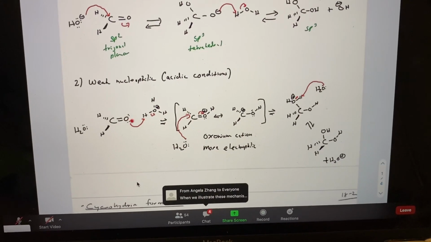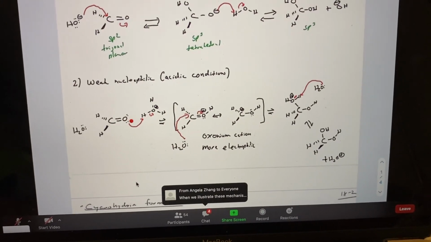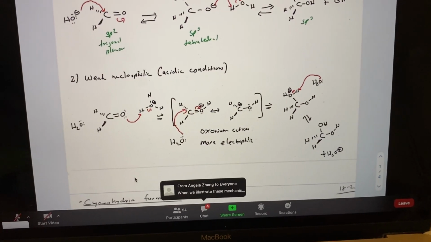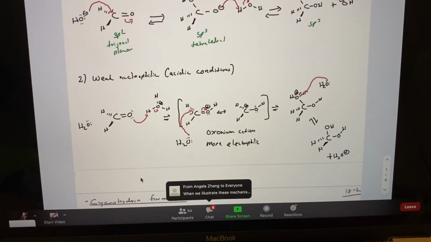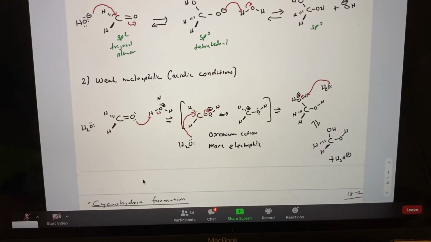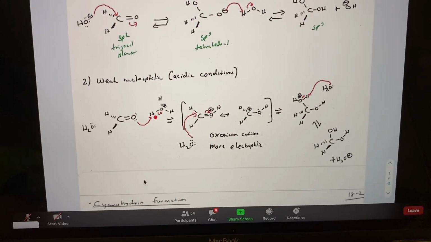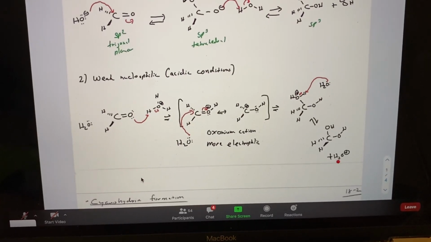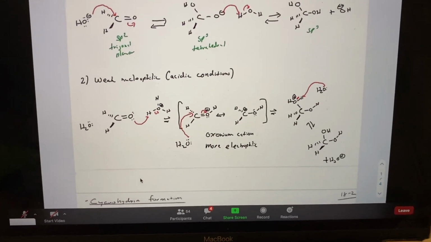However, if we protonate this, then we've made this species much more reactive, so we speed up the reaction. Something to note is that it's an acid catalyzed reaction. We start with acid, and we generate acid in the end. So the acid is not consumed in the reaction.